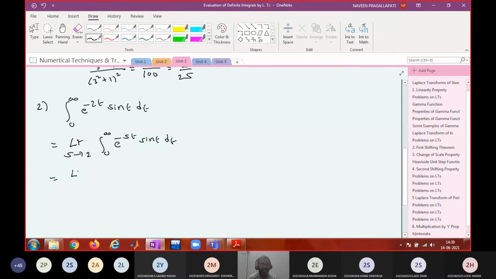So this is the limit of Laplace of sin t. Sorry, it is not s tending to infinity, s tending to 2. And Laplace of sin t is a by (s square plus a square), that means 1 by (s square plus 1 square). So 2 twos are 4, 4 plus 1 is 5, so 1 by 5.